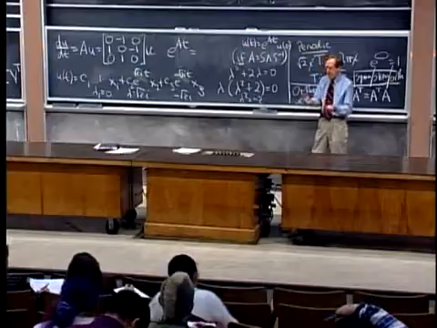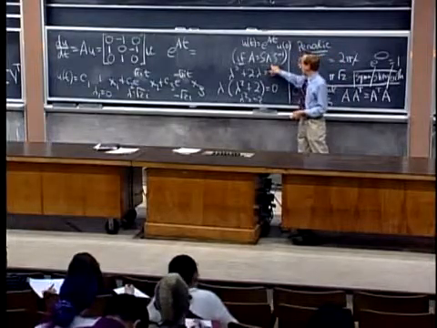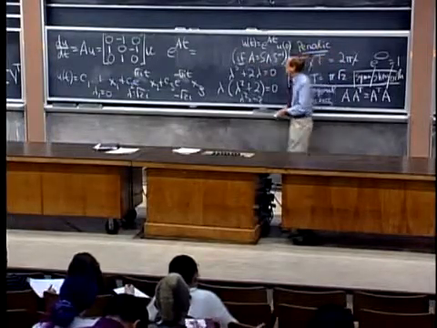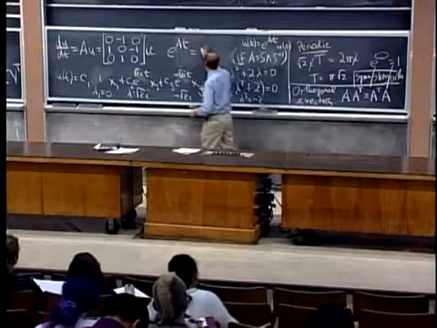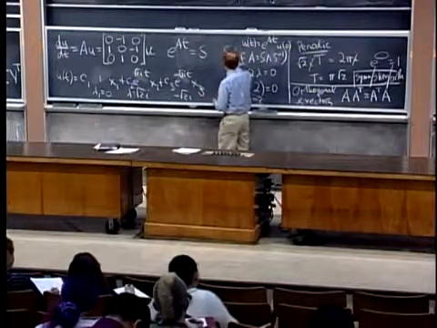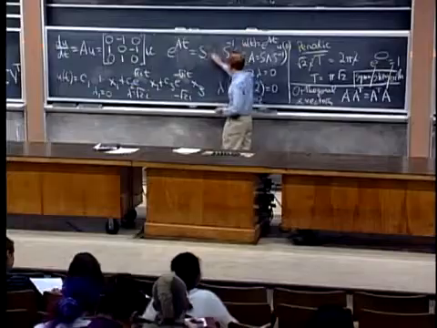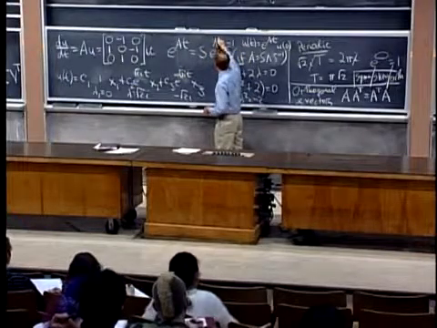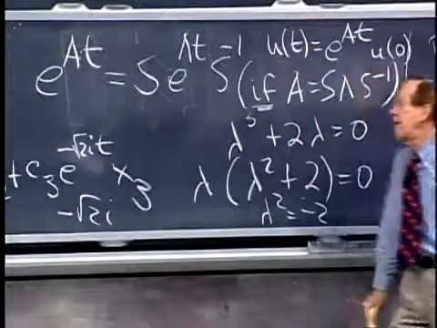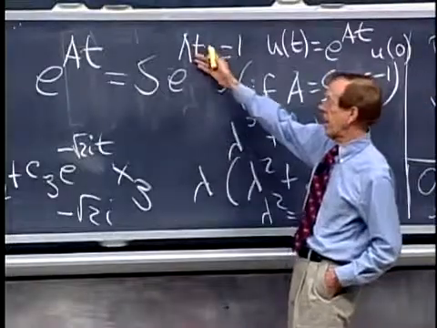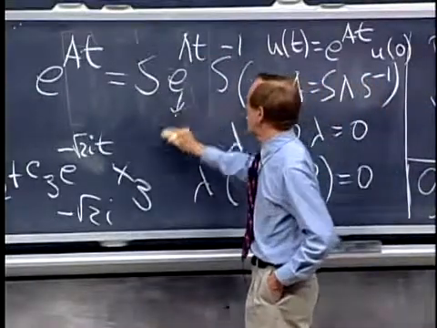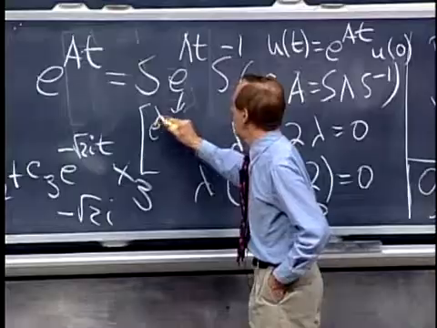Random matrices have enough. So if we can diagonalize, then we get a nice formula for this, because an S comes way out at the beginning, an S inverse comes way out at the end, and we only have to take the exponential of lambda. And that's just a diagonal matrix, so that's just e to the lambda 1 t.